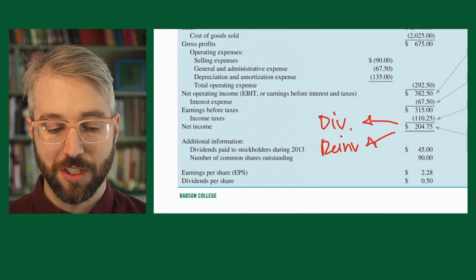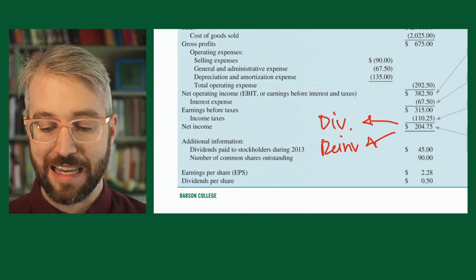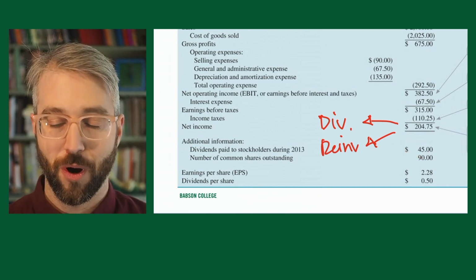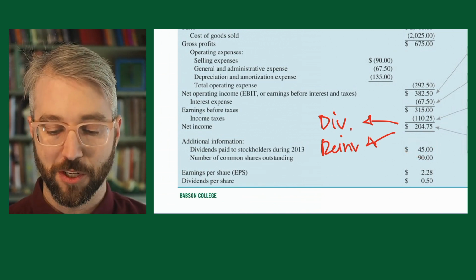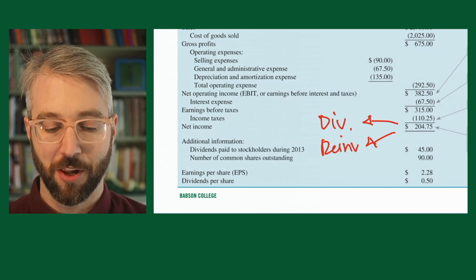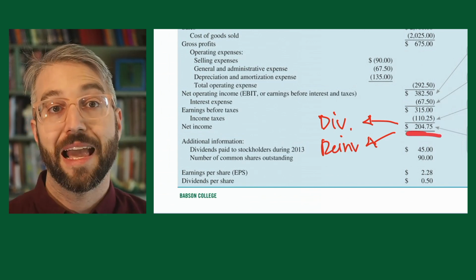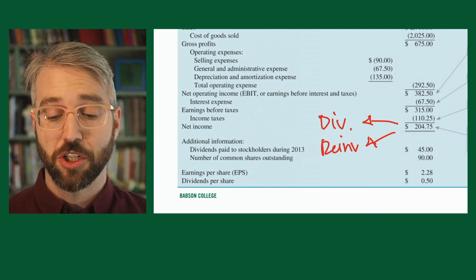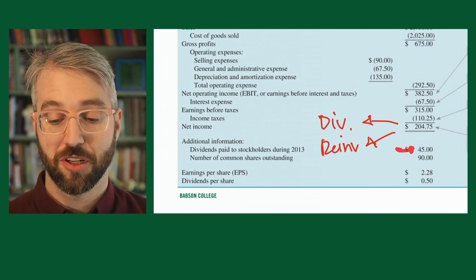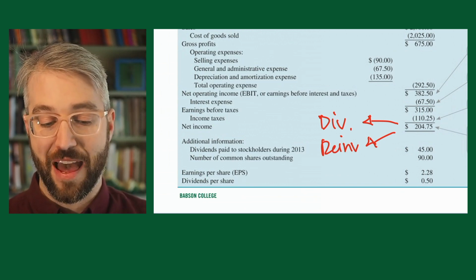So we're told in this additional information that in calendar 2013, or fiscal 2013, which are the same for Boswell, they paid $45 million in dividends to shareholders during that year. So the firm made $205 million. Shareholders took $45 million of that as cash in that year.